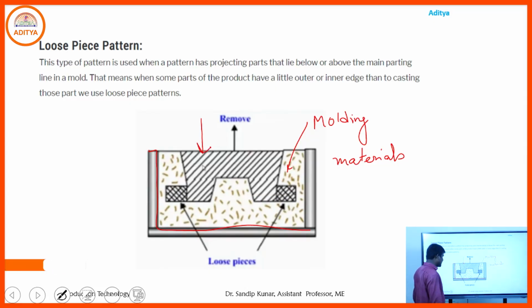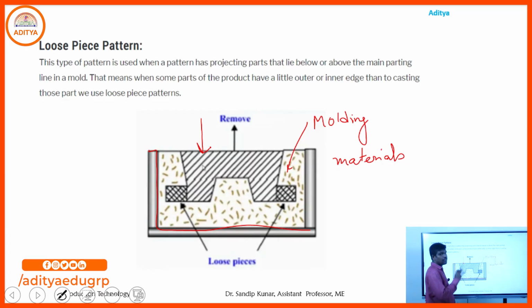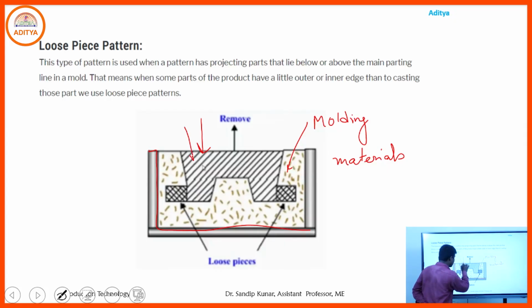Then we prepare some extra portion on that pattern, meaning we produce some extra shape as per our requirement. We want to prepare the extra shape on that product, so we added some extra pieces, called projecting parts. We added some extra pieces, and those extra pieces are called loose piece pattern.